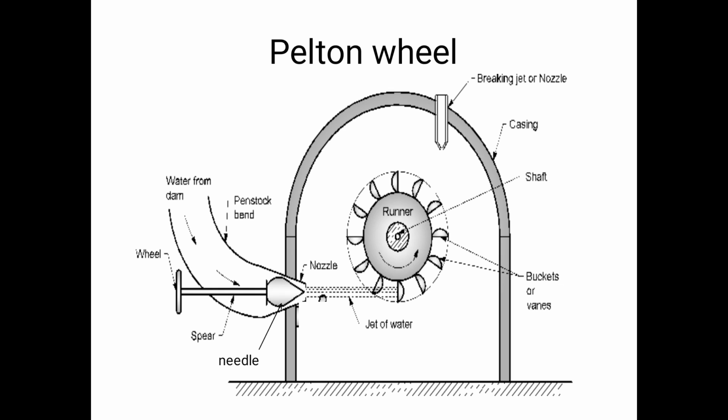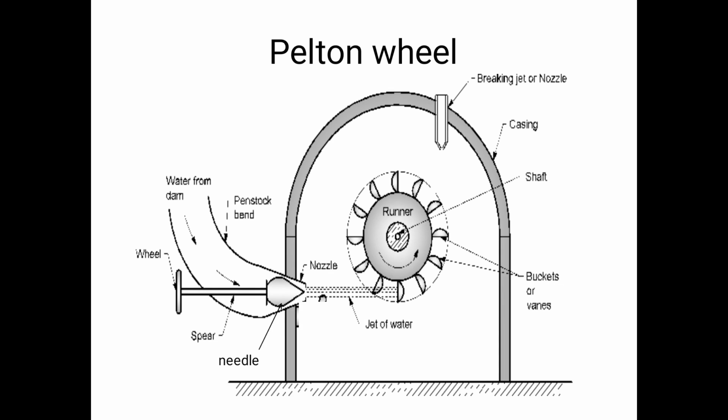Depending on the requirement, that is the speed of the runner, the wheel will be rotated clockwise or anti-clockwise. If the wheel is rotated clockwise from the left direction, it will go inside. If it is rotated anti-clockwise, it will go outside. When it goes inside, it will minimize the opening, and less water will strike the bucket. If it is going away, it will open more space for the water to strike the bucket, and the turbine will rotate at higher speed.